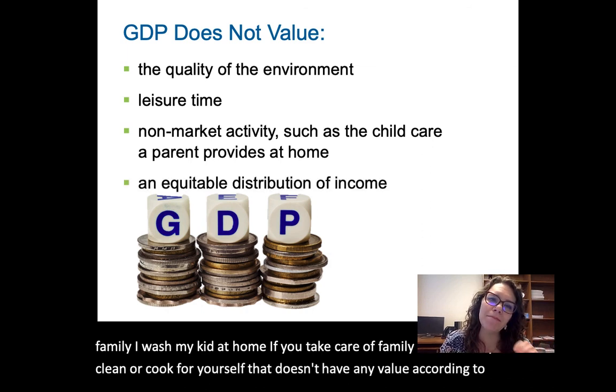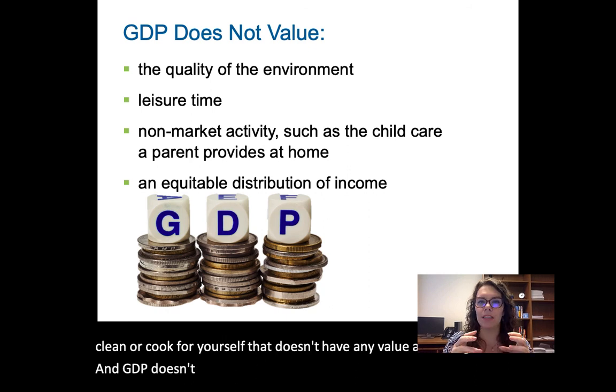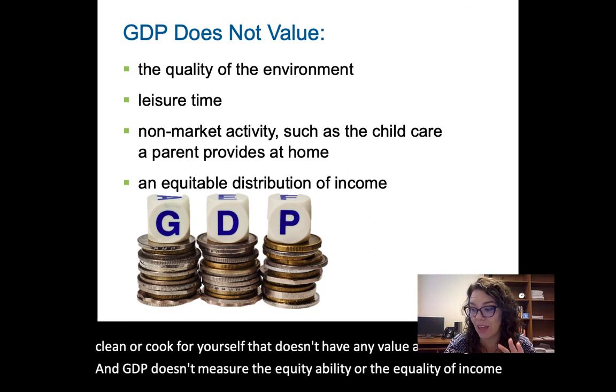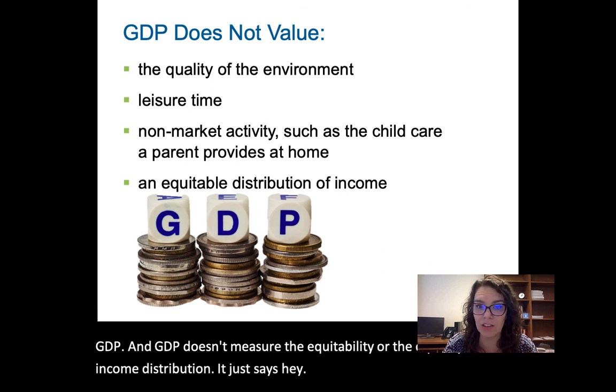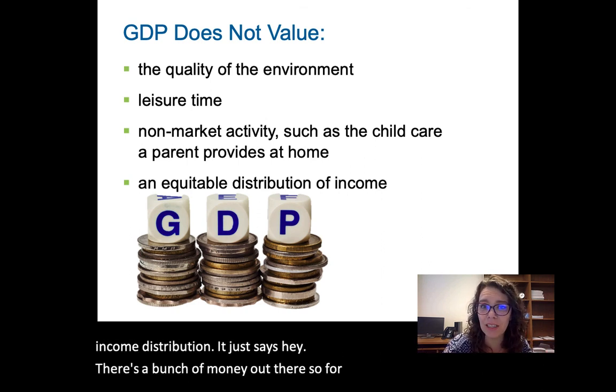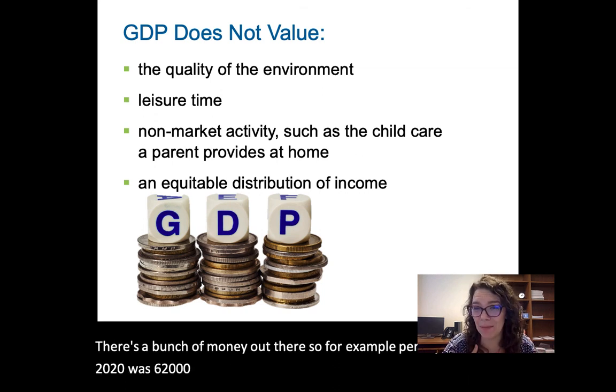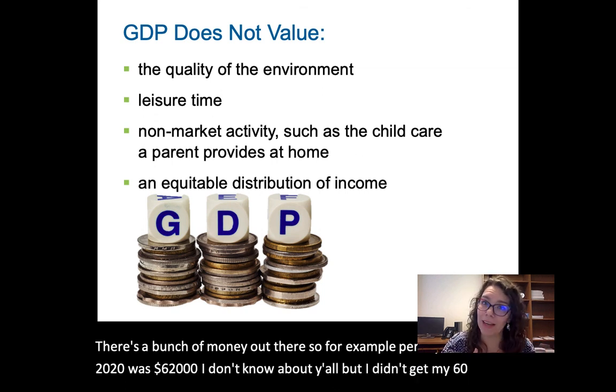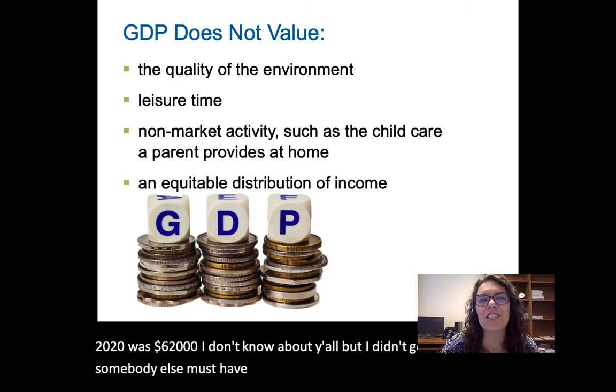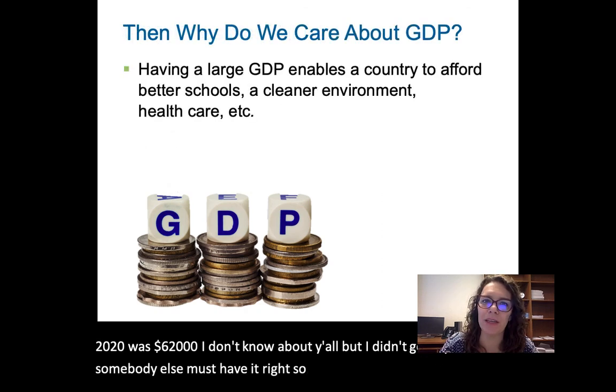And GDP doesn't measure the equitability or equality of income distribution. It just says, hey, there's a bunch of money out there. For example, per capita GDP in 2020 was $62,000. I don't know about y'all, but I didn't get my $62,000, so somebody else must have it, right? So that's some of the problems with GDP.